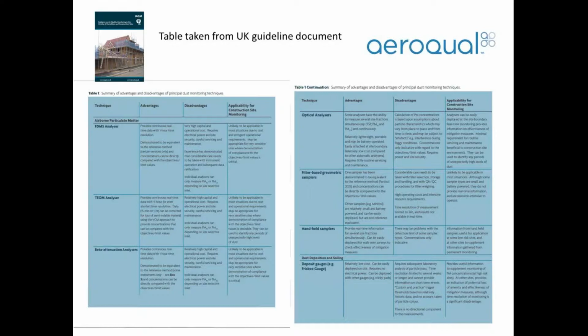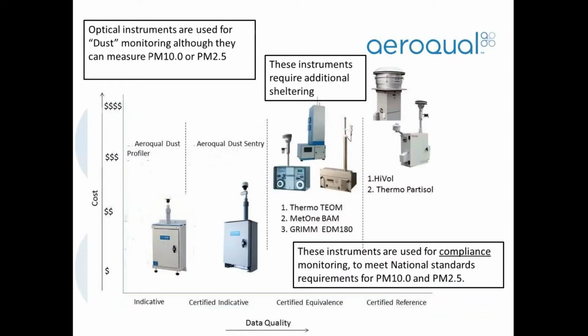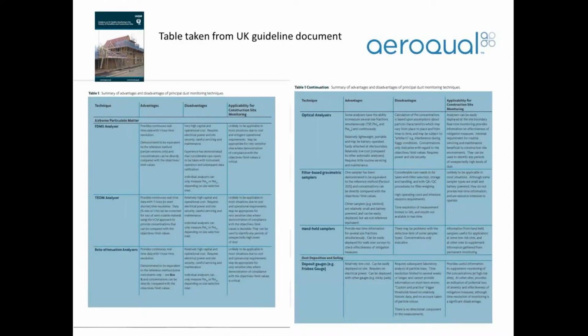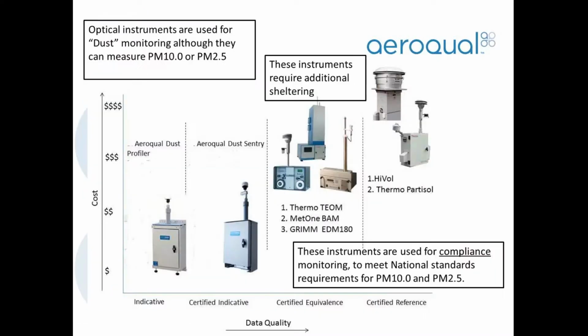The filter-based gravimetric samplers are listed on the right-hand side, and the optical analyzers are shown as a technique on the top line of the right-hand table. So just to put things in perspective around cost and data accuracy: the high-vol systems and another gravimetric method, often referred to as a Partisol, are certified instruments for use in national monitoring networks.